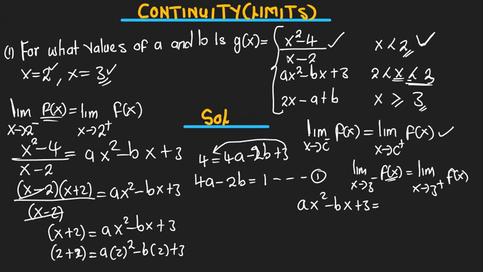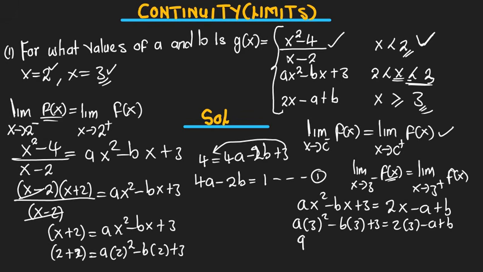Then where is x greater than 3? It is this side. Okay. Then you can put your 3 everywhere where there is x. This is going to be like 9a minus 3b plus 3 is equal to 6 minus a plus b.